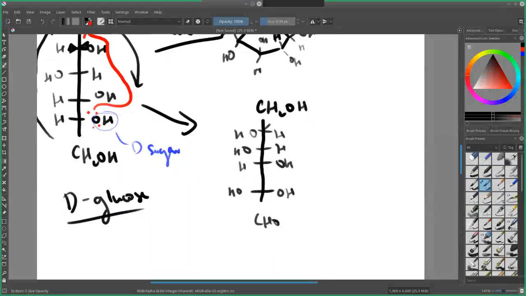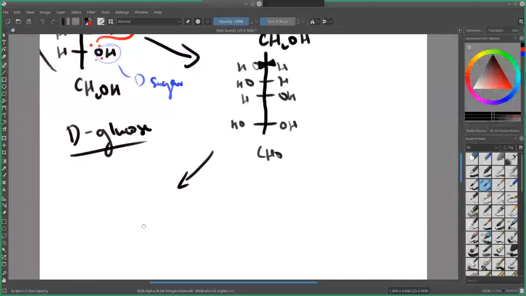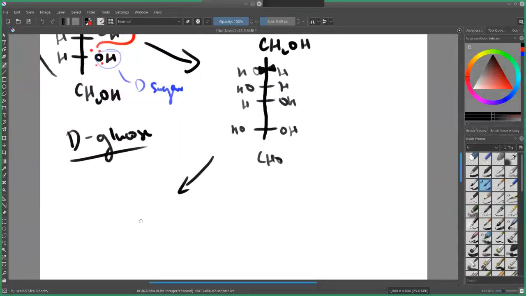And now since each of these are sticking out, what we can do is take this structure that we've drawn and fold it over like this, right? So this H will be sticking towards us, and then that OH will be facing backwards, right?